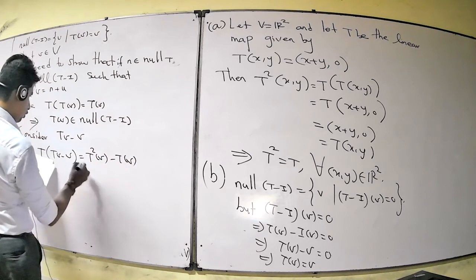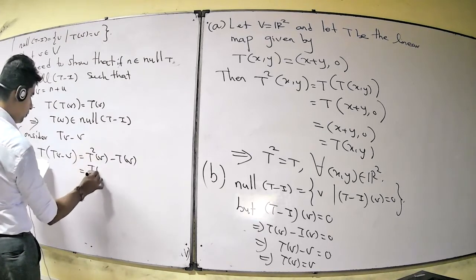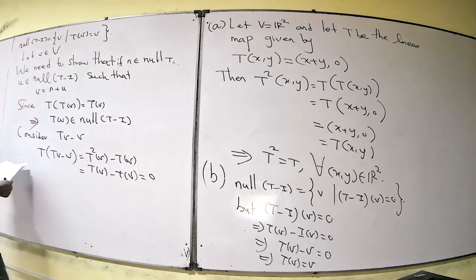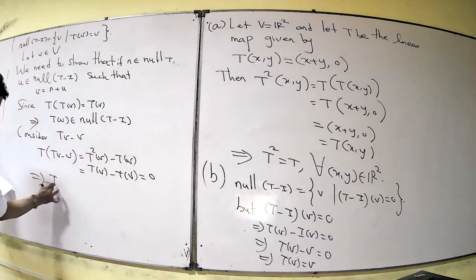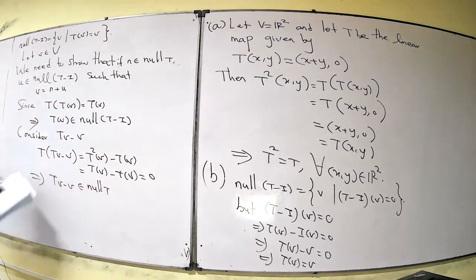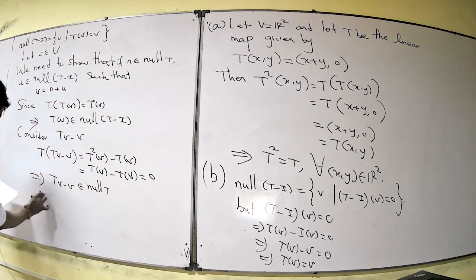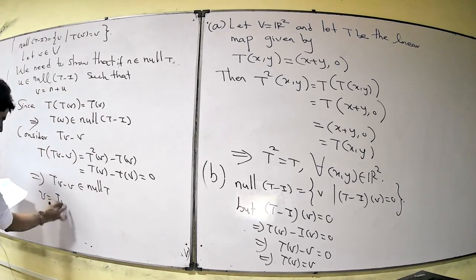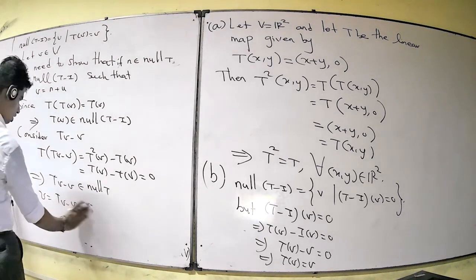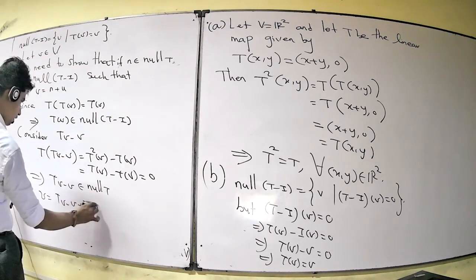But you already have T squared equal to T, no? Therefore, T of b minus T of b, this is 0. This 0 means this T of b minus b belongs to null of T. Now you write b equals T b minus b plus b, sorry, b plus T of b.